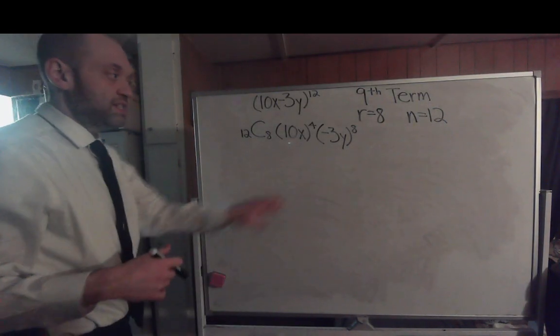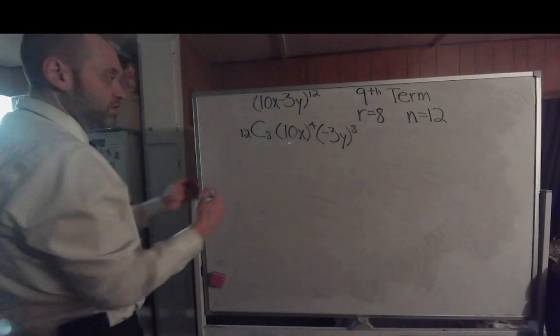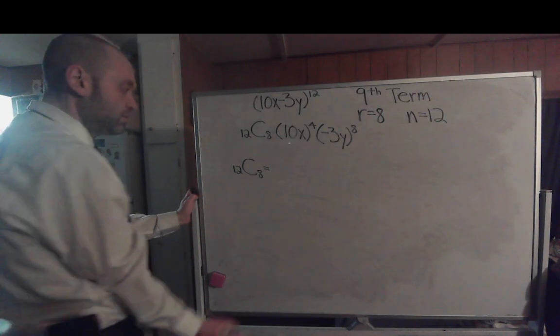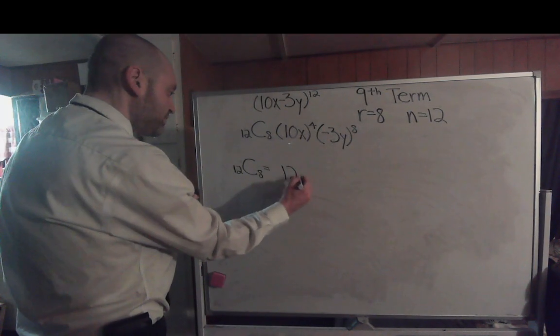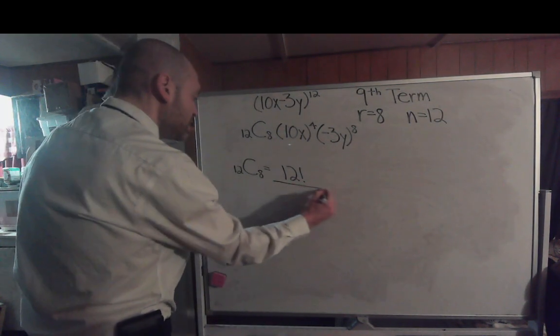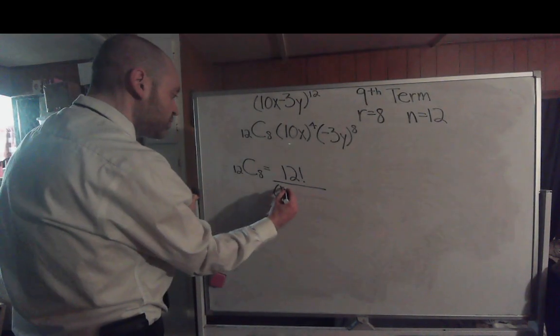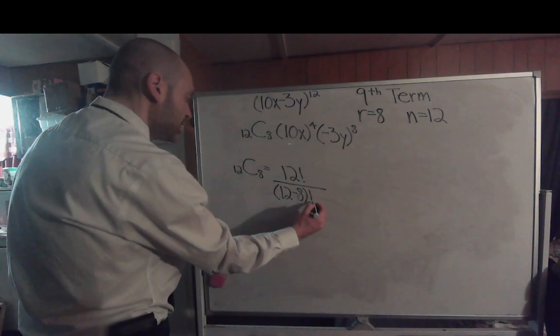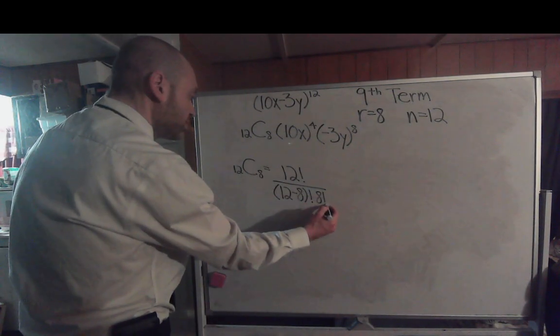All right, let's investigate this combination here first. So the combination of 12 things, 8 at a time, what's that going to equal? Well, that's 12 factorial all over the quantity of 12 minus 8 factorial times 8 factorial.